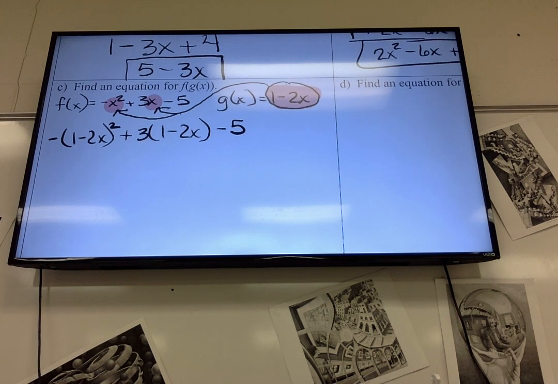Everything else is exactly the same. Are we okay there? Then where I saw the most problem was this. 1 minus 2x squared.